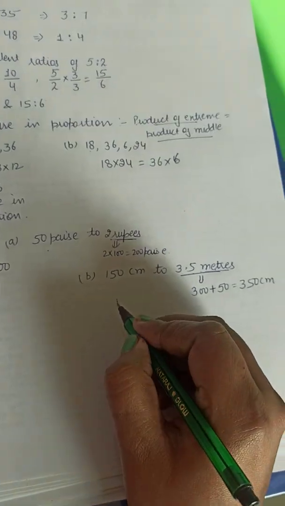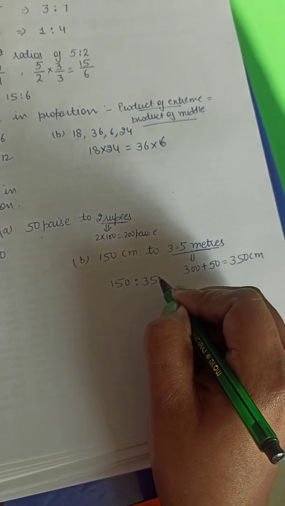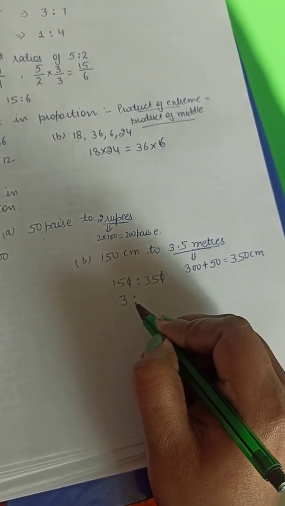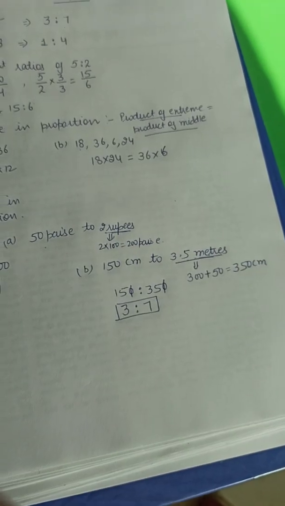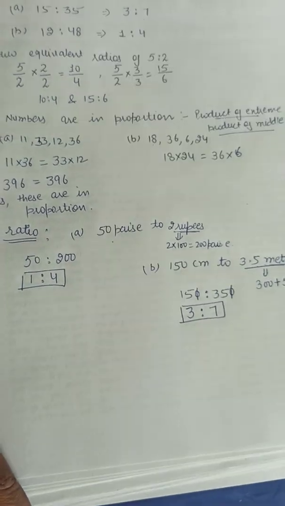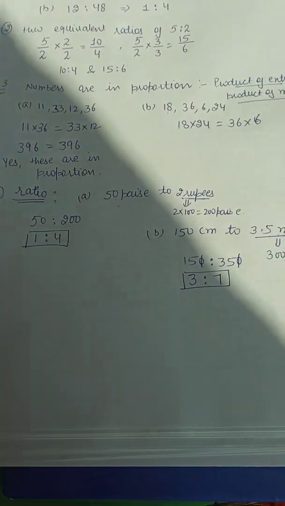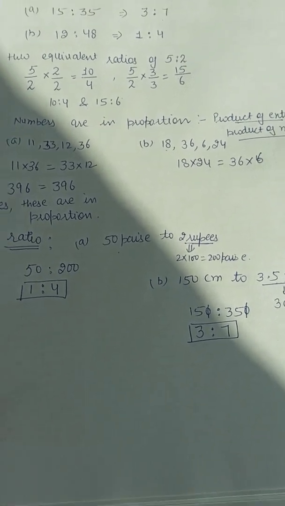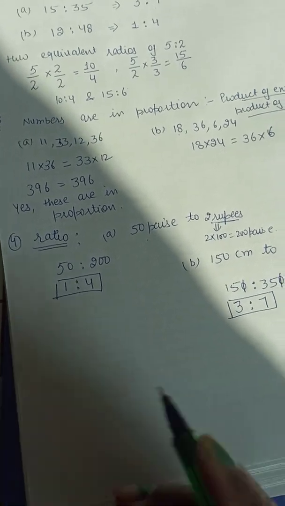So you can write the ratio 150:350. 0 cut by 0. 5 3s are 15, 5 7s are 35. That is 3:7. Clear? This is the way to write down the given quantities in the ratio. So you have to firstly convert that and then write like this.